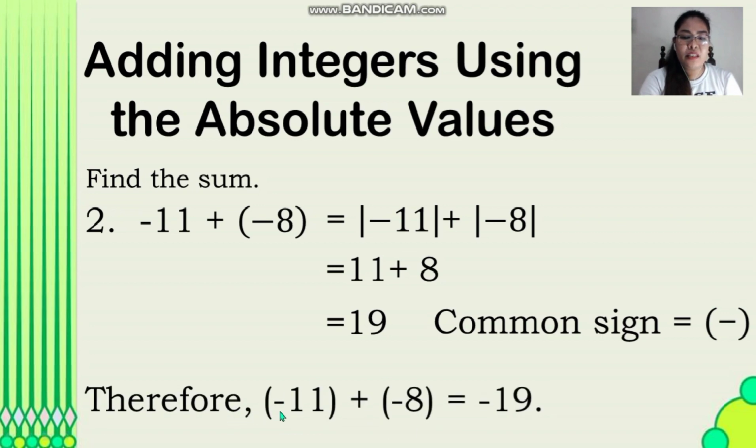Therefore, negative 11 plus negative 8 is equal to negative 19. Okay. So, napansin nyo po, kinopya lang po natin yung common sign at pinag-add yung absolute values. Ganyan lang po kadali kung paano mag-add ng integers na may parehong sign.